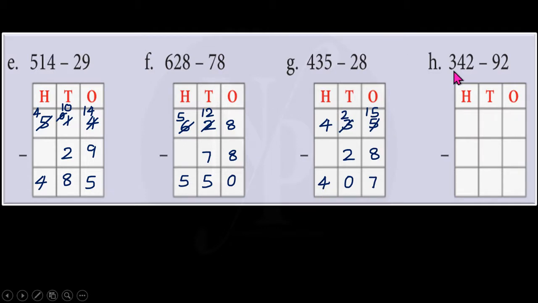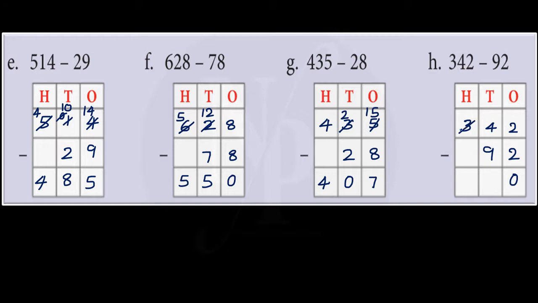H, 342 minus 92. Let us write down these numbers. 342 minus 92, and let us subtract. 2 minus 2 is 0. 4 tens minus 9 tens is not possible.